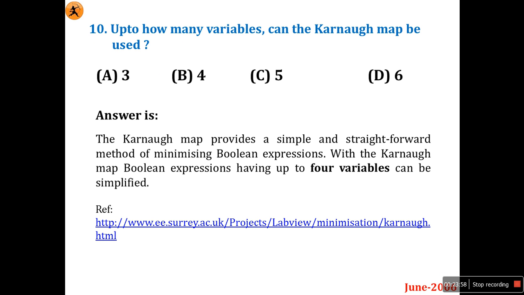You may use a 2 variable K-map, 3 variable, or 4 variable. Sometimes it may use 6 variables, but for this question you use 4 variables. So the answer is B. If you want more about this K-map, just go through this link. Okay, so the answer is B.